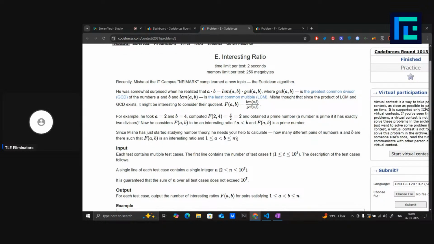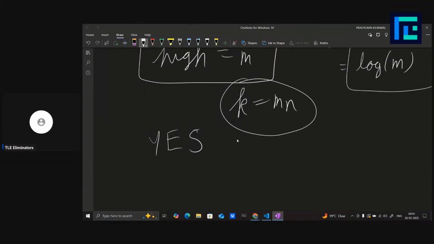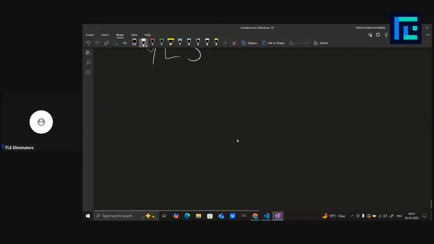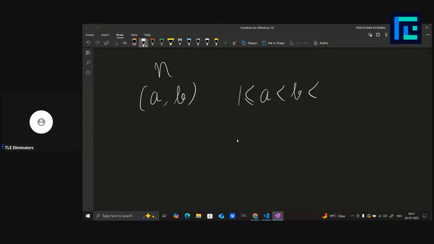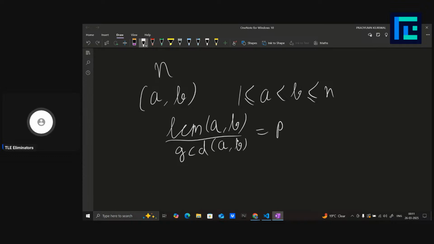The problem E was this. And what we have to do is that, basically we have been given an integer n. Okay. And we have to count the number of pairs a comma b such that they are between 1 and n and a is less than b and LCM of a comma b upon GCD of a comma b is equal to a prime number.